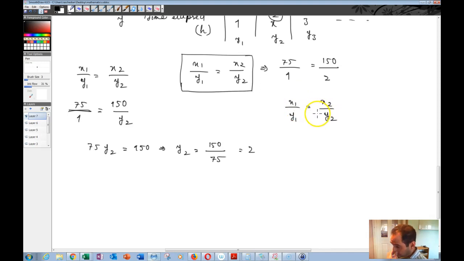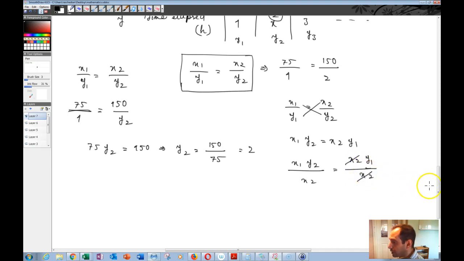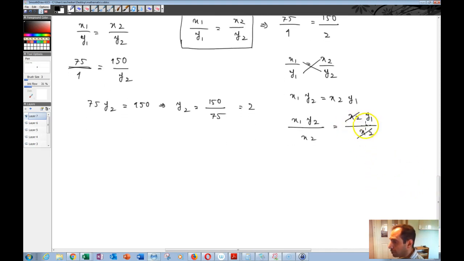You can cross multiply here, so that would be x1 y2 is equal to x2 y1, and then divide both sides of this equation by x2. So x1 y2 divided by x2 is equal to x2 y1 divided by x2, and these two will cancel out, and then you can divide both sides of this equation by y1.